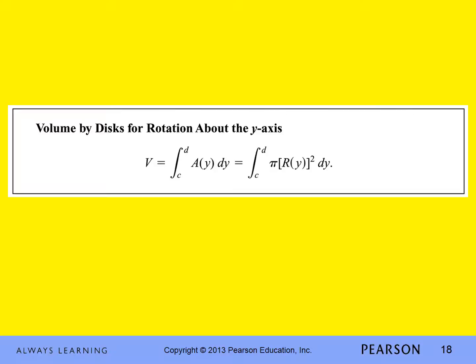We're going to integrate from c to d, where c is less than or equal to d. Of course, if c is equal to d, then that integral will have a value of 0, and you won't have any volume at all. But pi times the square of r of y, so we're going to think of x as a function of y, r of y, dy.